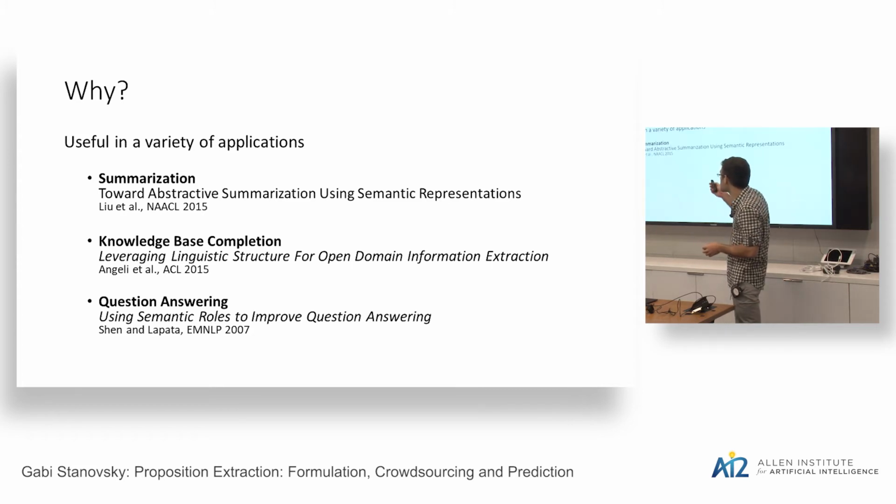So for summarization, in recent work by Liu et al., I think from CMU, they've taken several sentences, several AMR representations, and have merged them together, and then produced one sentence from the merged representation, which they claimed was a good summary of the set of sentences. So that's using AMR. Using OpenIE, Angeli and Chris Manning from Stanford in 2015 have used an OpenIE system to populate a knowledge base.